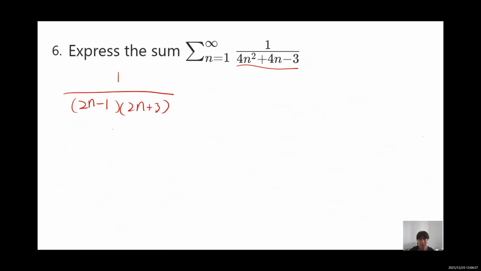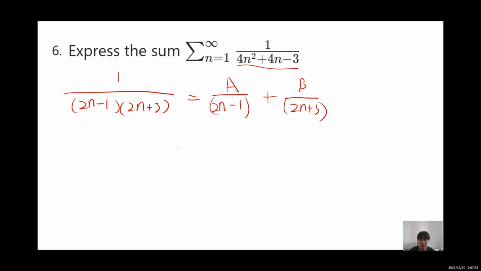Well, this one is different from what we have seen before, but we can tell that it shows a relation. Let's divide them first into two parts. 2n minus 1. Oh, this should be a over 2n minus 1 plus b over 2n plus 3.